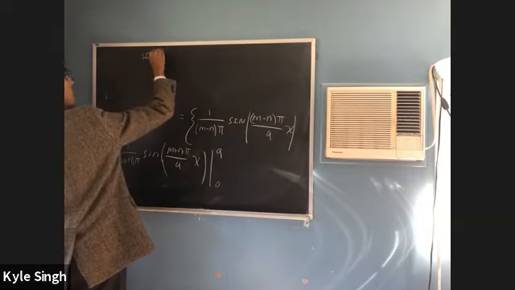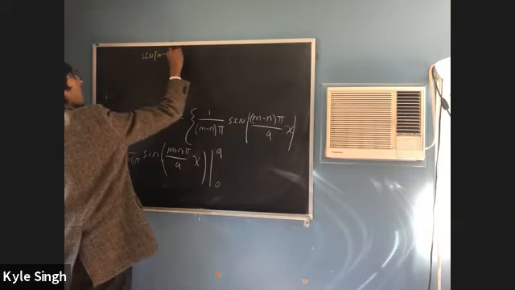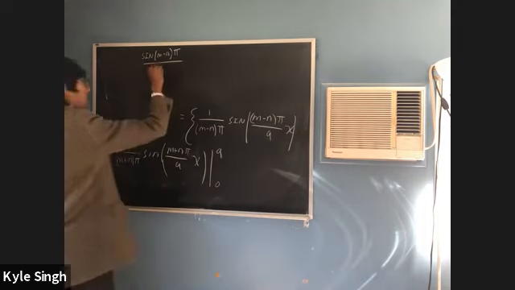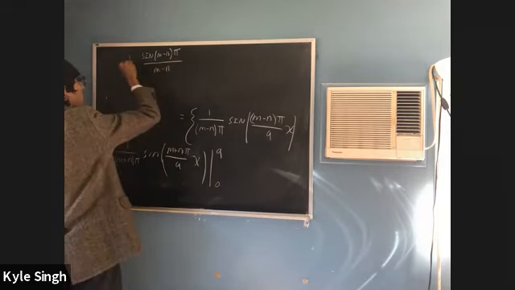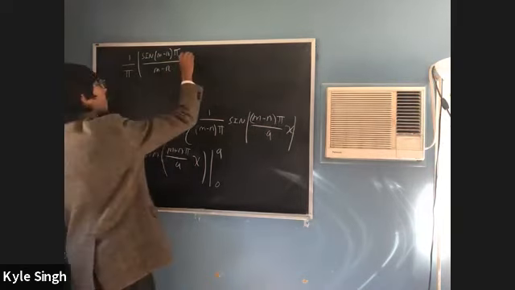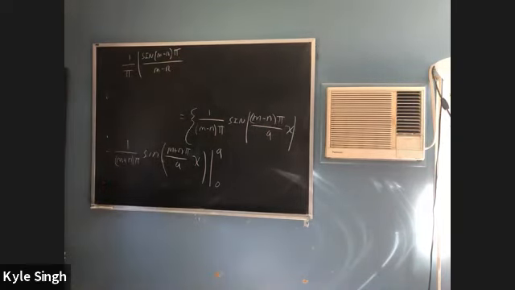Sine m minus n pi over m minus n, 1 over pi. Do I want that in the same thing?